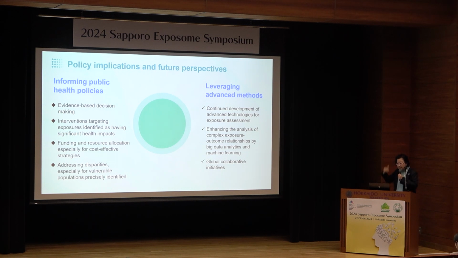And by leveraging these advanced methodologies, we can enhance the analysis of more complex and complicated exposure outcome relationships. Just like big data and machine learning, when we harness these emerging technologies, we'll get more precise evidence informing policymaking.